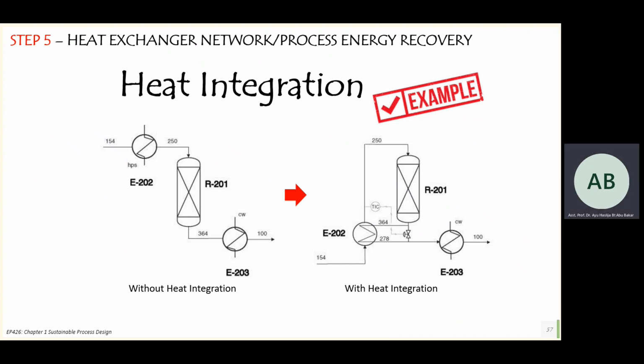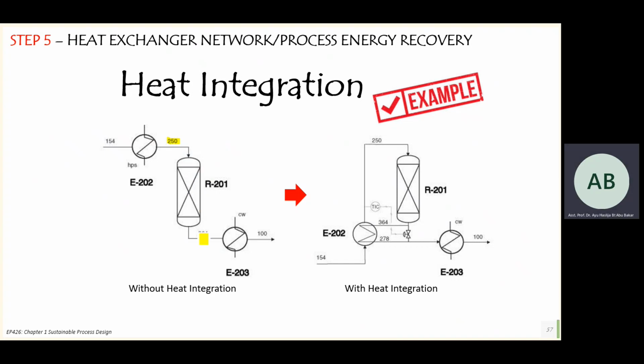Okay, for example, over here we have heat integration. This diagram, you have stream in, input, output. The input should be 250, perhaps due to the setting temperature inside this reactor.